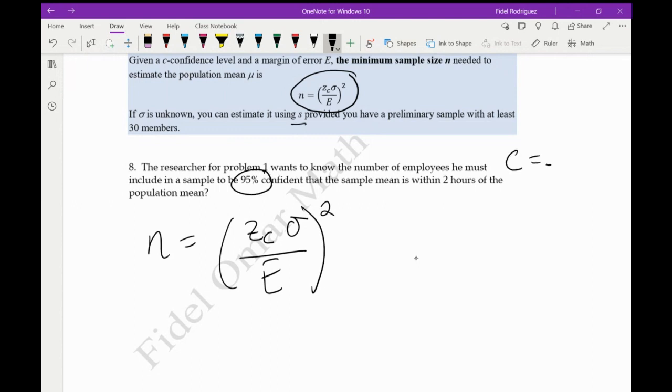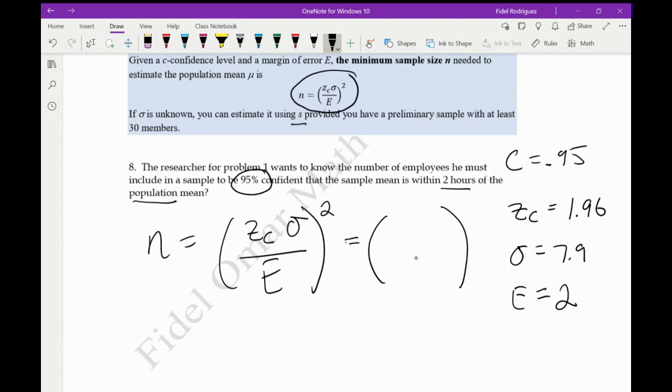Since my C value here is 0.95, then our ZC happened to be 1.96. And from problem number 1, our standard deviation happened to be 7.9. And if it says the sample mean is within 2 hours of the population mean, then my error is going to be the number 2.